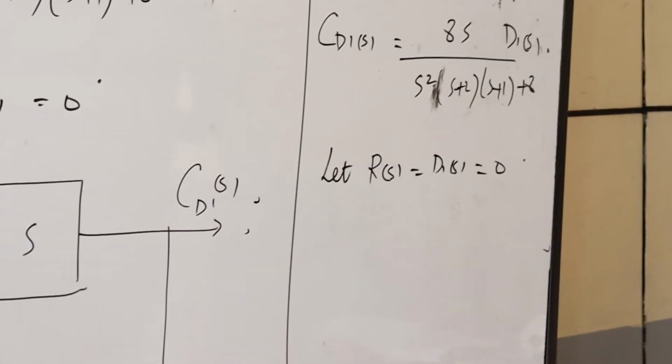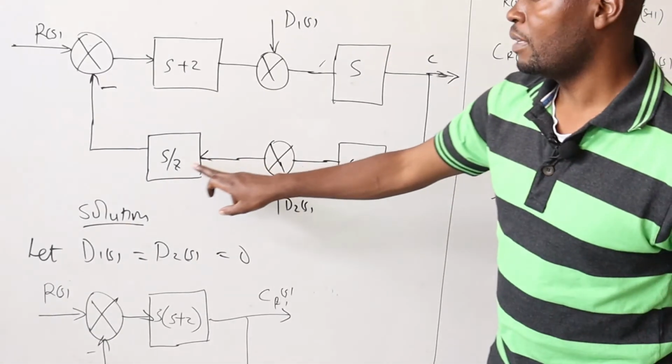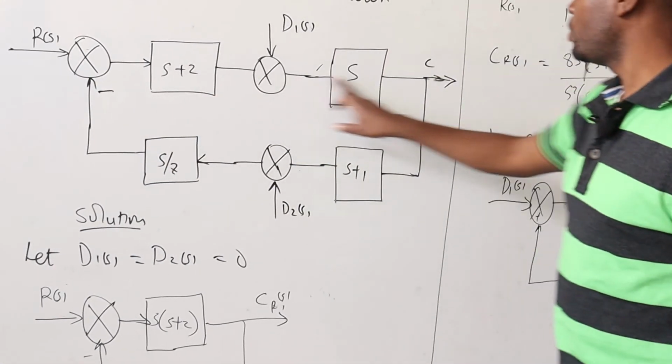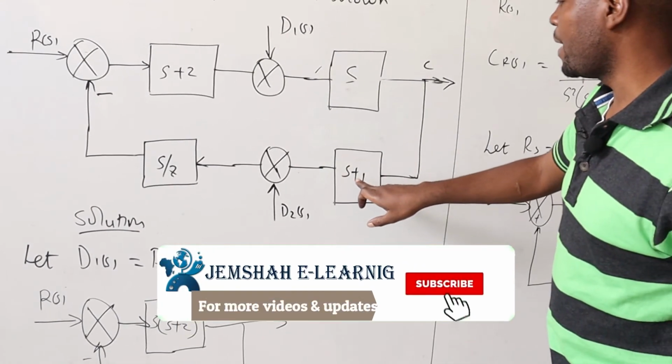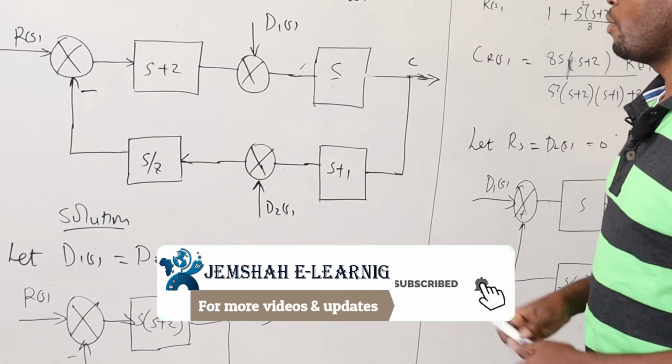If we do that, then of course it is going to start from here, and we go in that manner until the output. So the only thing that is in the feedback path is S plus 1. The rest are in the forward path.